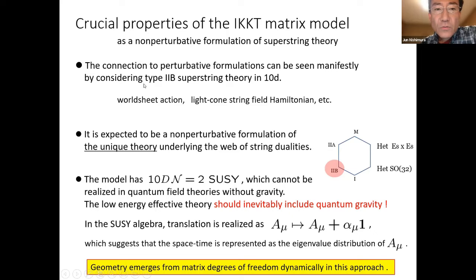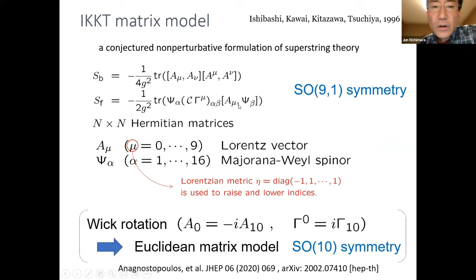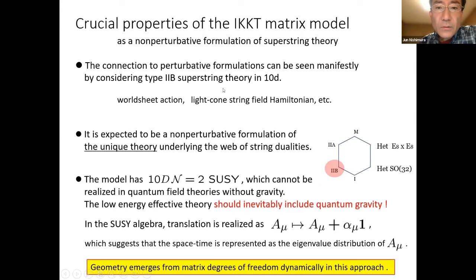You can do this by looking at the worldsheet action of type IIB superstring theory. It has direct connection to this action here. And also you can think of the light-cone string field Hamiltonian. This you can derive by considering some Wilson loop operators in this model. That is one of the connections.